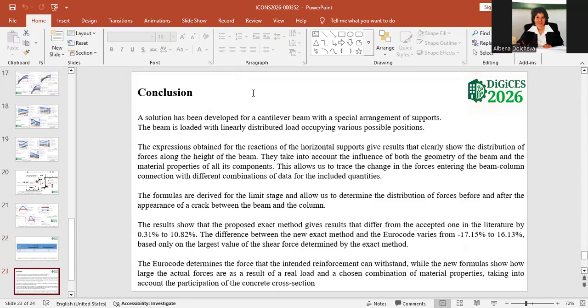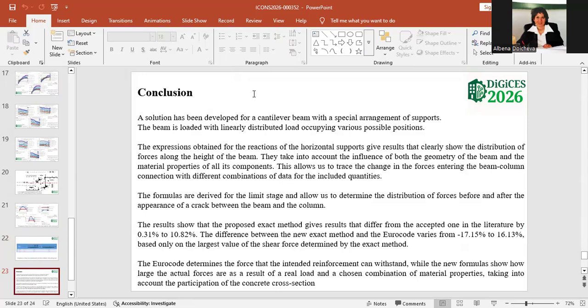And conclusion: a solution has been developed for a cantilever beam with a special arrangement of support. The beam is loaded with a linear distributed load, occupying various possible positions. The expressions obtained for the reaction of the horizontal support give results that clearly show the distribution of forces along the height of the beam.